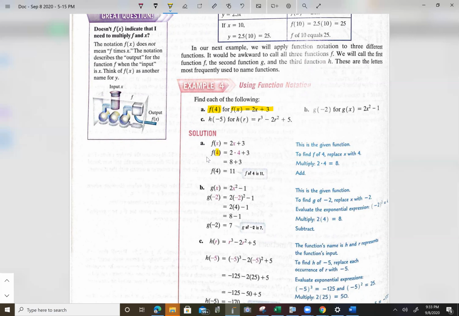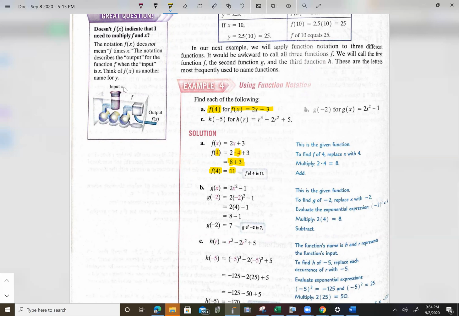That means we are inputting 4 for x. Then the other side is where you're actually doing the math. So we make x 4 here. 2 times 4 is 8. We're still adding 3 on. 8 plus 3 is 11. So f of 4 equals 11. If I input 4 into that function, my output is 11.